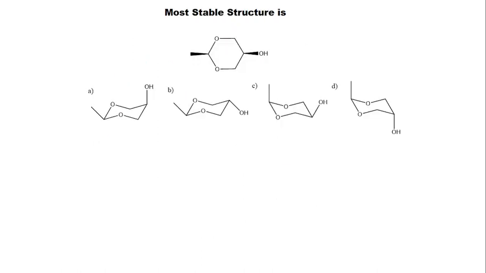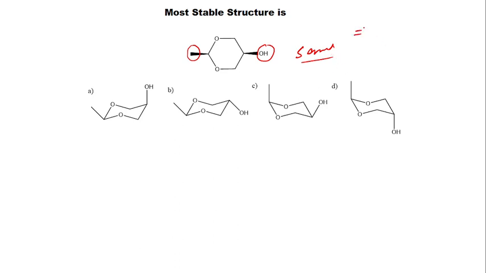If we go to the next molecule, again we look for the most stable structure. If we see option 1, we find that OH is axial and this is equatorial, meaning these two are on the same side, because in the mother structure these two are on the same side. So first we have to find where the two groups are projected on the same side.